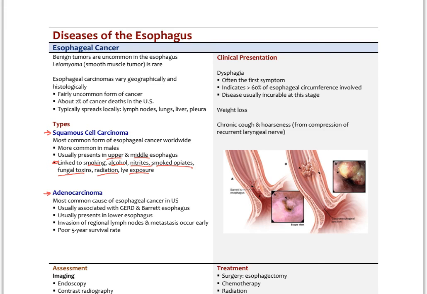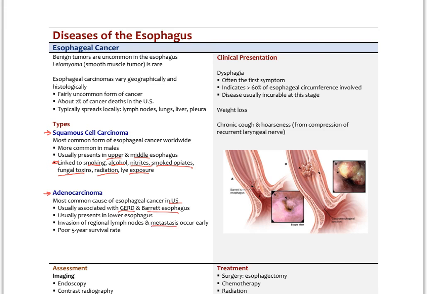Adenocarcinomas are the most common cause of esophageal cancer in the U.S. These happen more in the lower esophagus, usually associated with GERD and then chronic Barrett's. This is where the cancer will spread through regional lymph nodes, and metastases occur early.